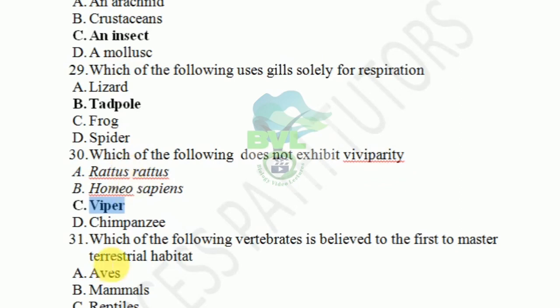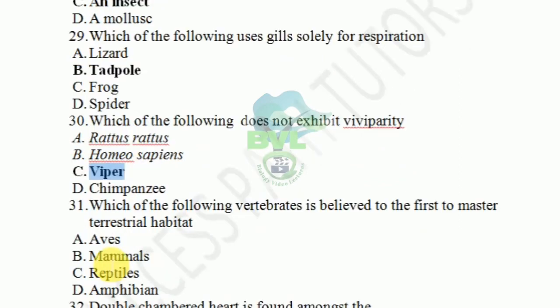Alright. Which of the following vertebrates is believed to be the first to master terrestrial habitats? The answer to that question is reptiles. Let me arrange this for you in hierarchy from an evolutionary point of view.